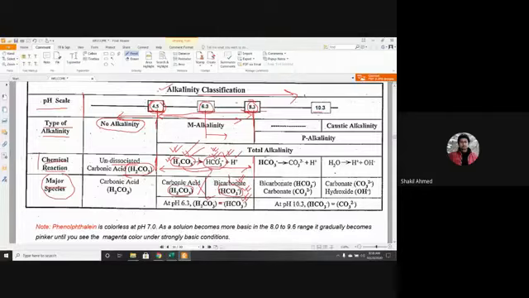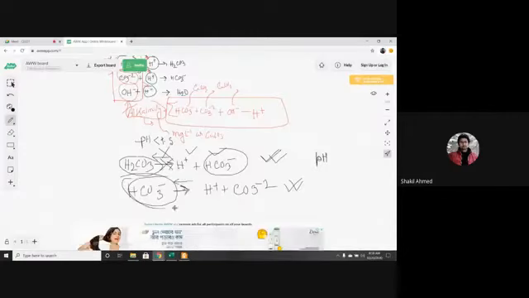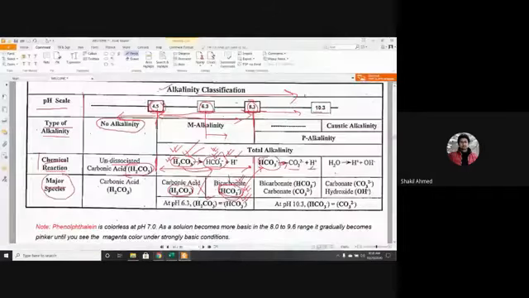Now as you go beyond 8.3 to 10.3 or higher, this bicarbonate ion dissociates to give you carbonate ion and hydrogen ion. Initially, this is at a much higher concentration than this one.